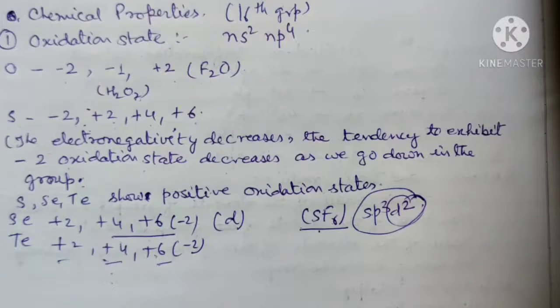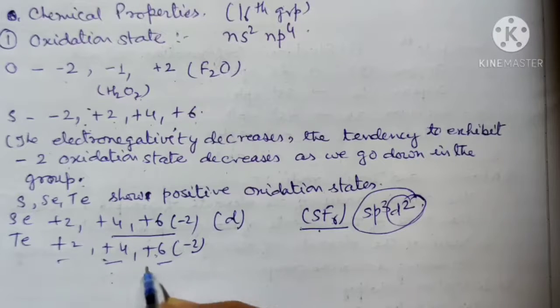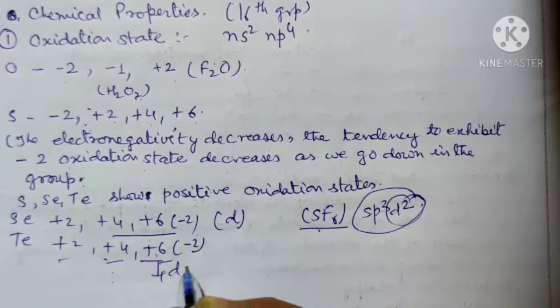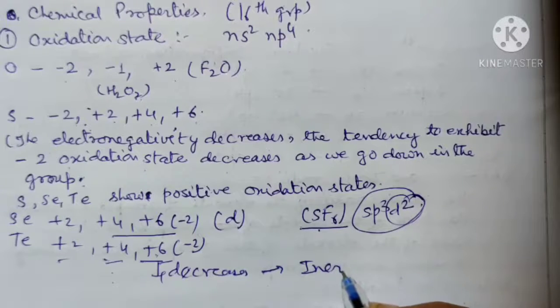The stability of the +6 oxidation state decreases down the group. This is due to the inert pair effect.